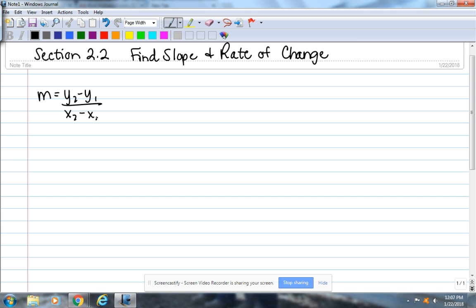So let's just say we have the set of ordered pairs negative 1, 3, and 2, negative 1. We want to find the slope of the line that goes through those two coordinates. Then we will use the equation y2 minus y1 over x2 minus x1.